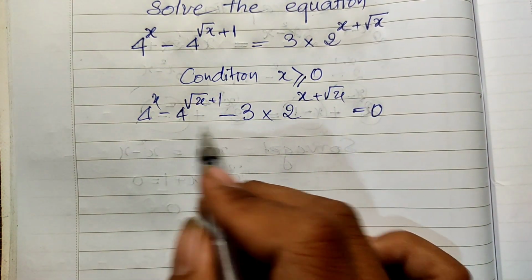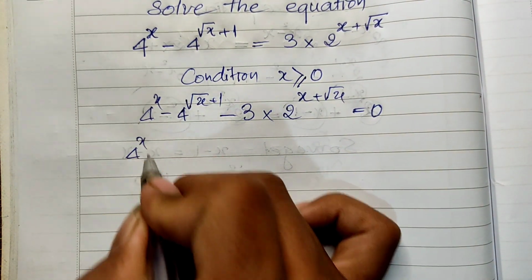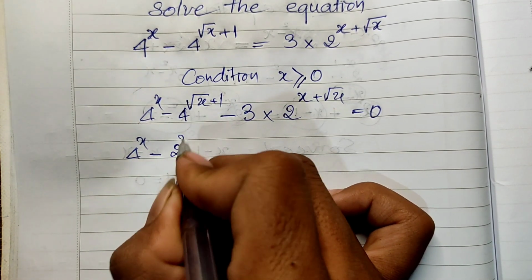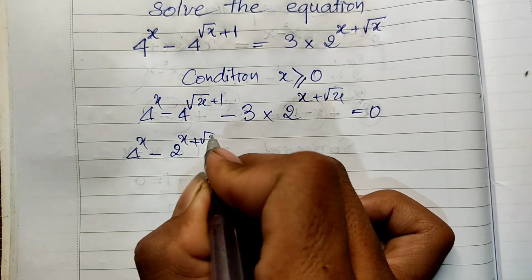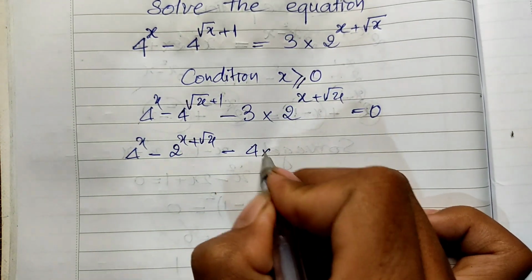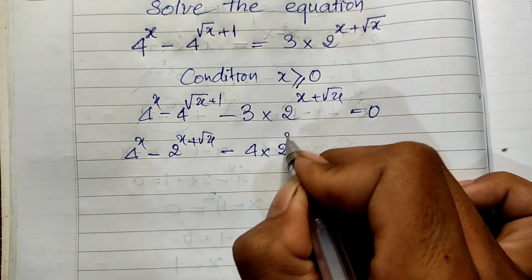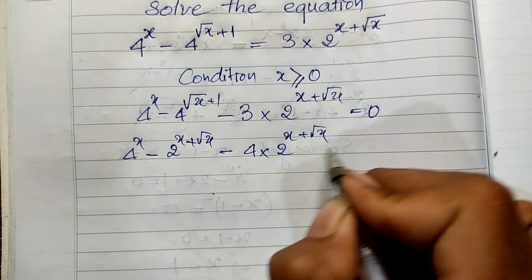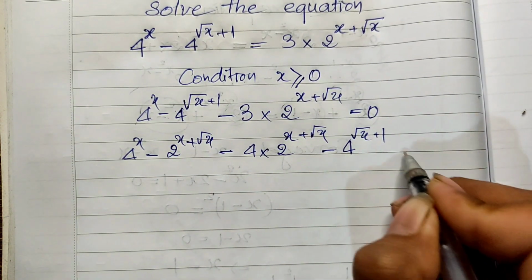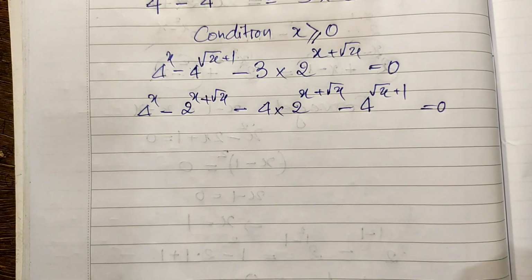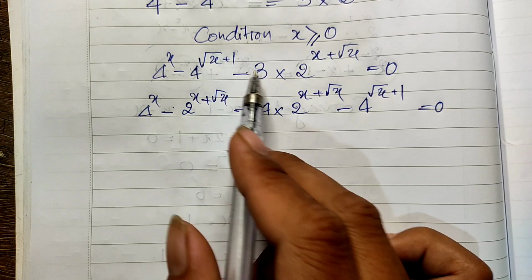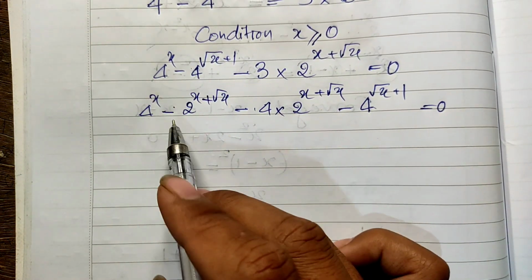And this I can write as 4 power x minus 2 power x plus square root of x minus 4 times 2 power x plus square root of x, and this minus 4 power square root of x plus 1 is equal to 0. We see this 1 and minus 4, we get minus 3. So this is the same and this is the same.